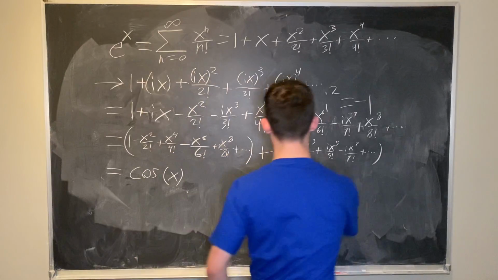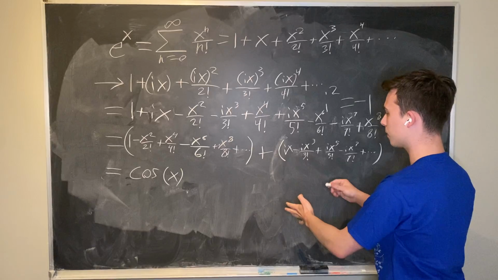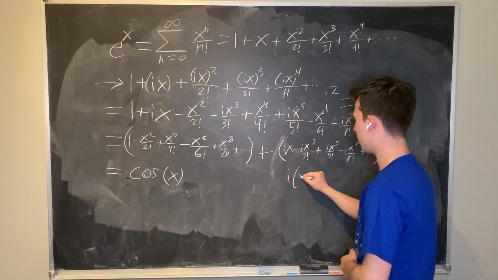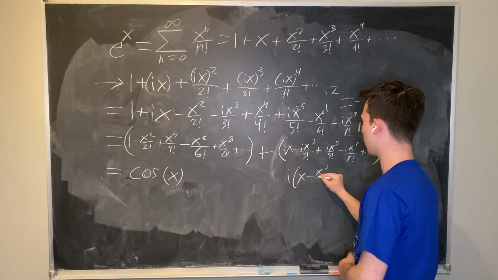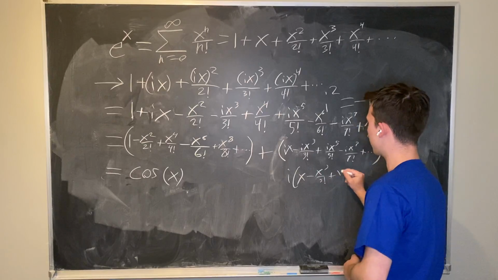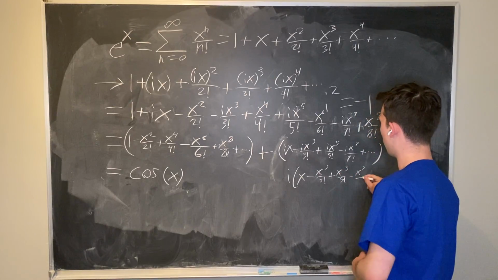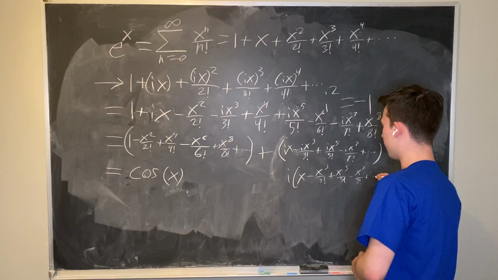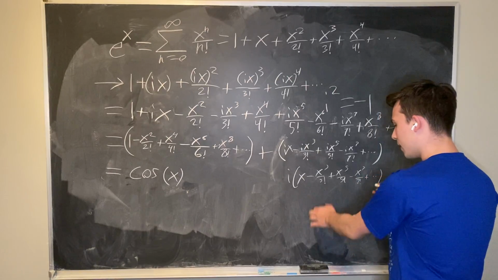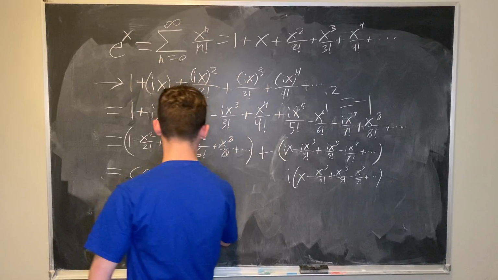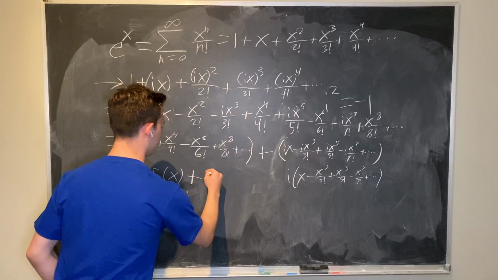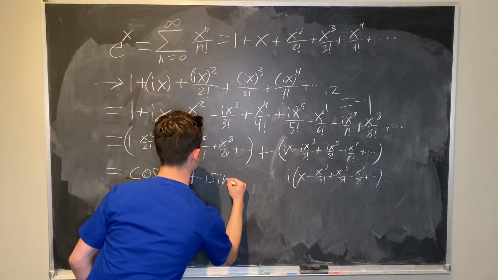If we bring an i out up front, just by factoring, we have i times x minus x to the 3rd over 3 factorial plus x to the 5th over 5 factorial minus x to the 7th over 7 factorial, and so on, which we know is sine, so it's really just plus i sine of x.